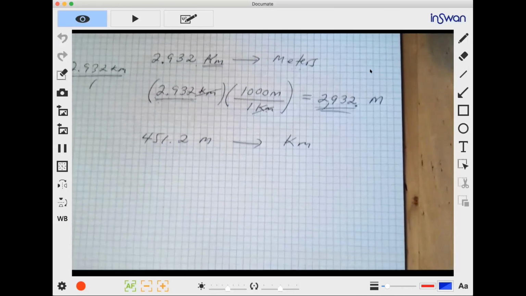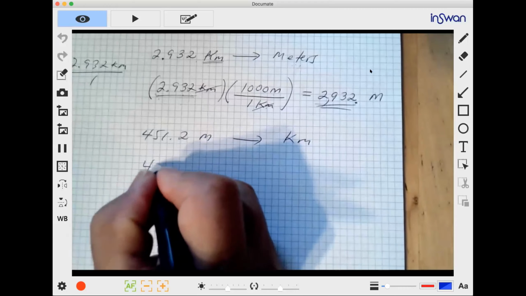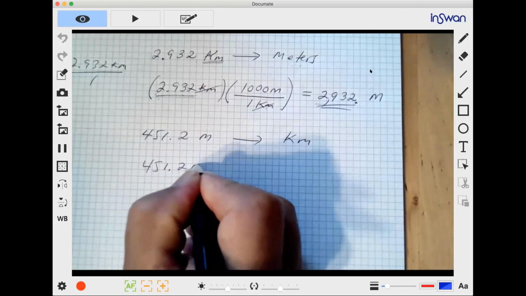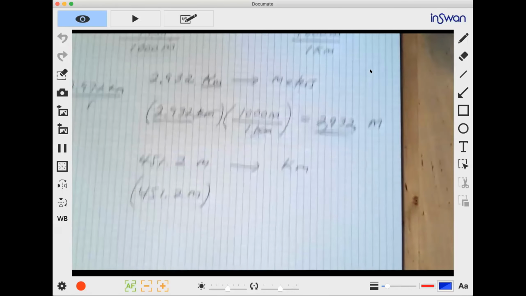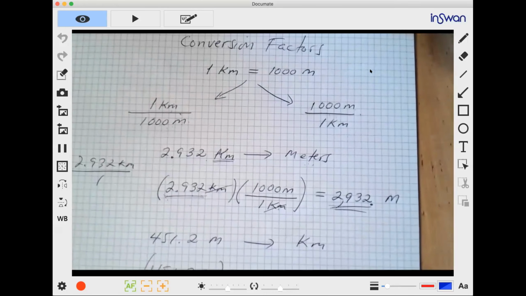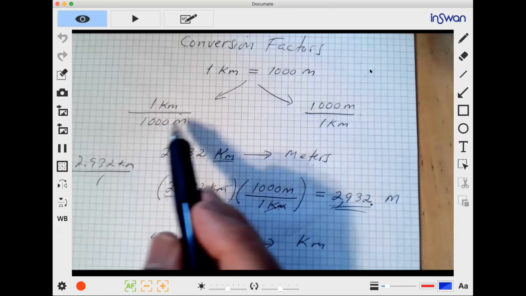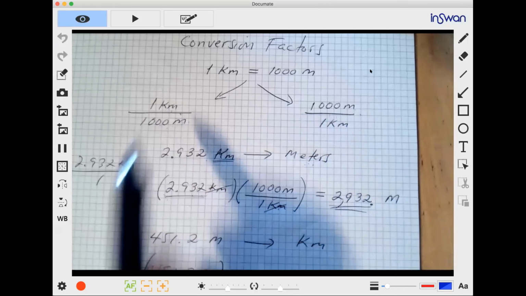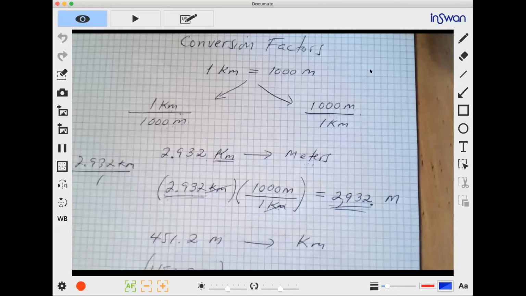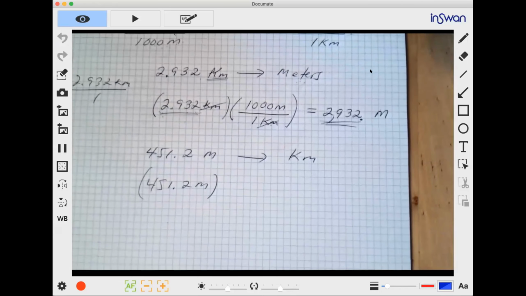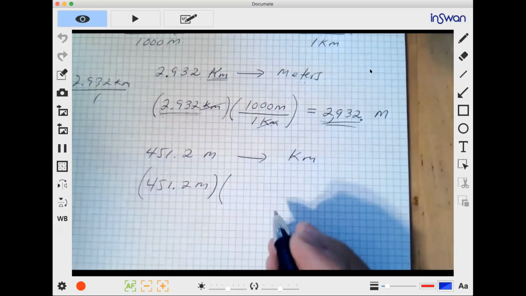So as you can imagine now, we need to choose the other conversion factor. And again, you choose a conversion factor that has the units that you want to keep on top. And I'm going to emphasize the fact that I'm saying multiply. So I'm multiplying by a conversion factor.